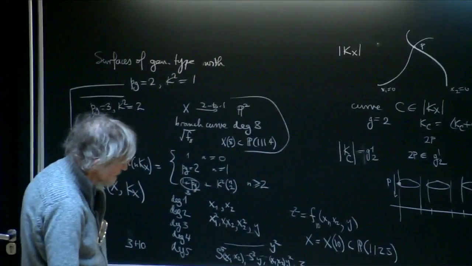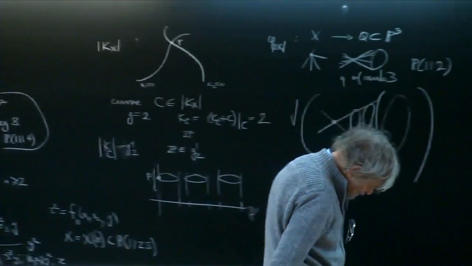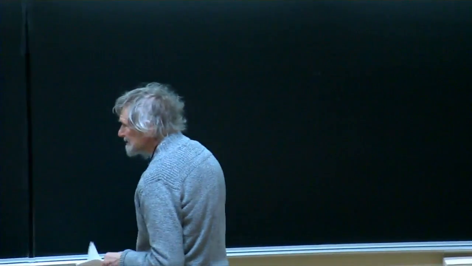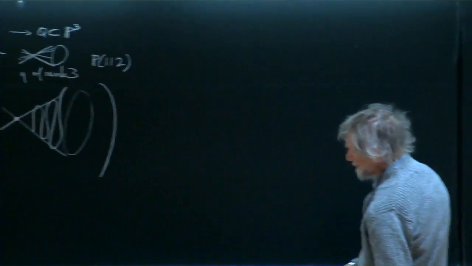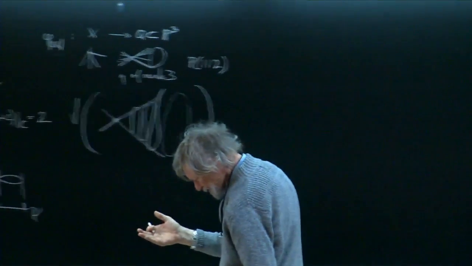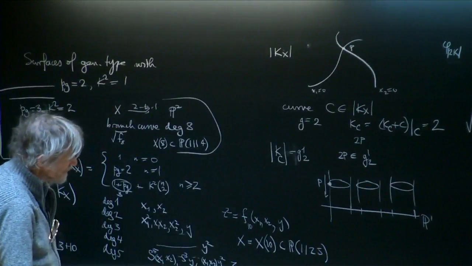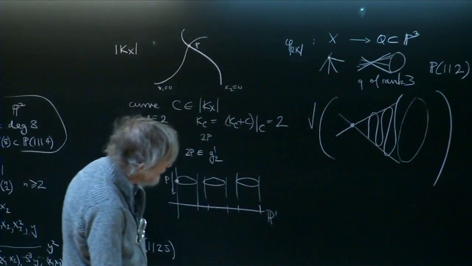Yes, and so this is a model for what, in the 1970s, I and several Japanese were looking at: threefolds, what happens for threefolds, and this kind of phenomenon happens all the time, and you really can't get away.